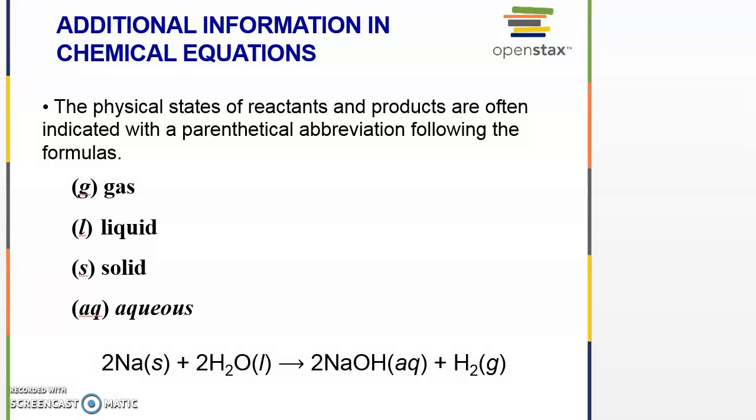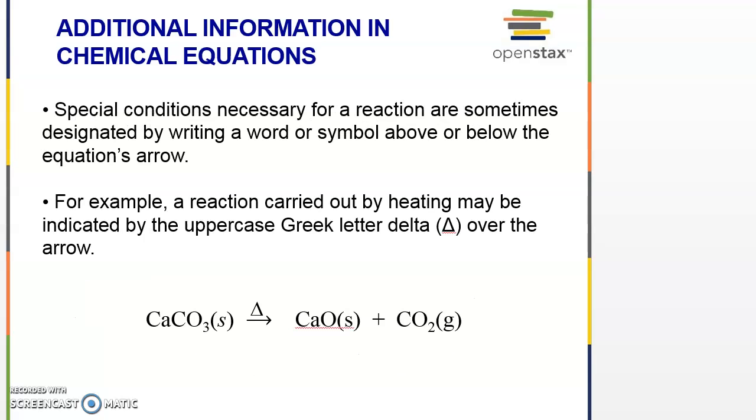And sometimes you will see other information on the equation. For example, this one, calcium carbonate, under some reaction, will become calcium oxide, solid, and also carbon dioxide gas will be produced. This triangle over here is pronounced delta.